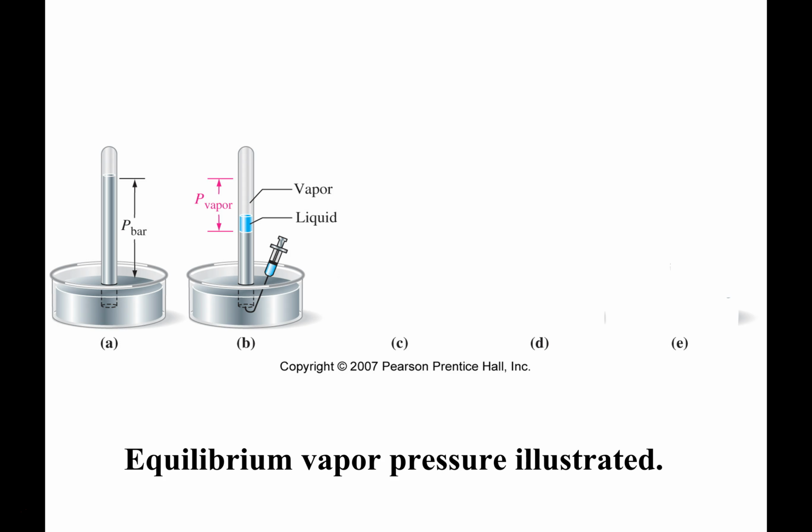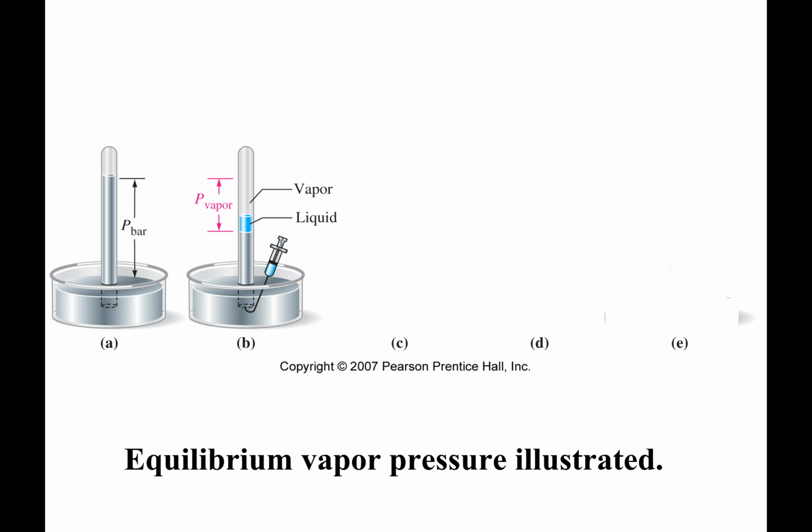Given a little bit of time, that volatile liquid is going to create pressure inside of that area. Actually, we're seeing that right here. Check out the height of the mercury that went up in the tube.